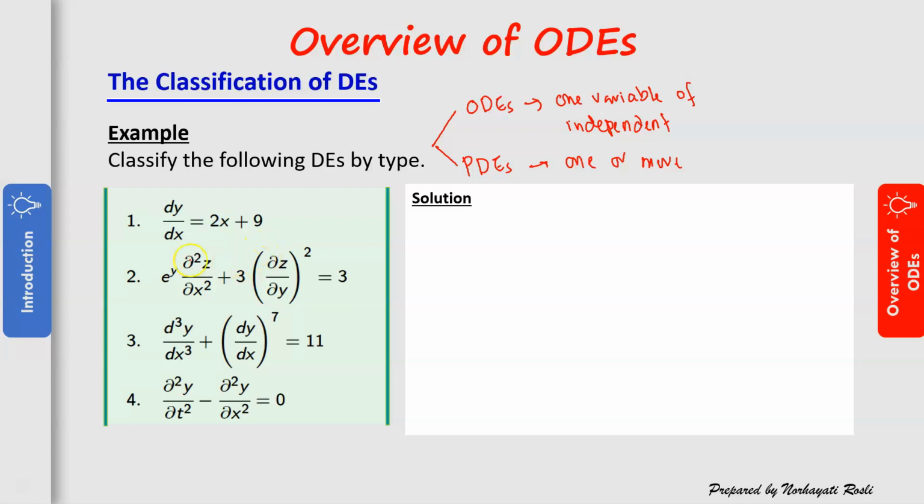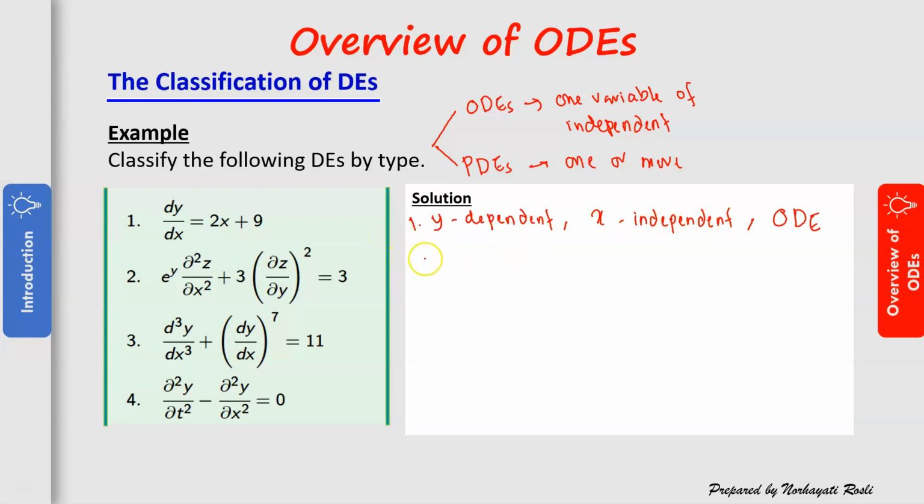So in this case, for number 1, dy/dx equals 2x plus 9. Here y is the dependent variable, and x is the independent variable. So the derivative here is with respect to only one independent variable, which means its type here is ODE.